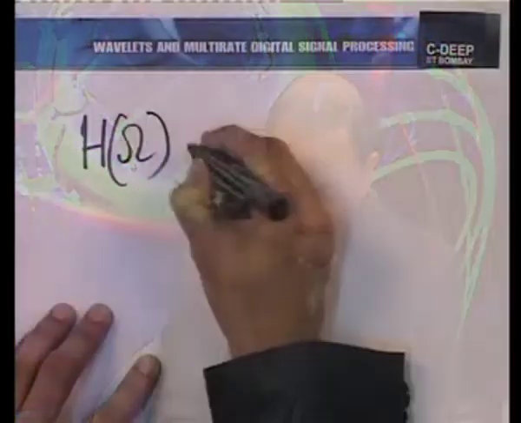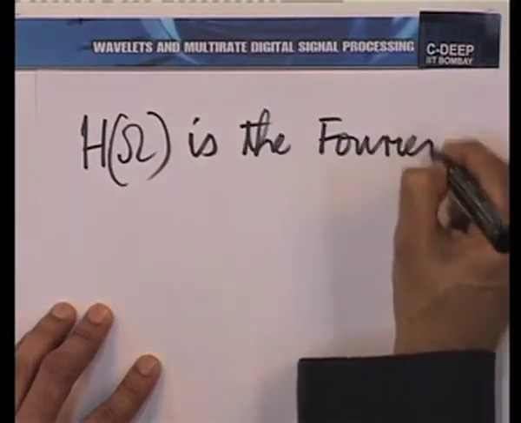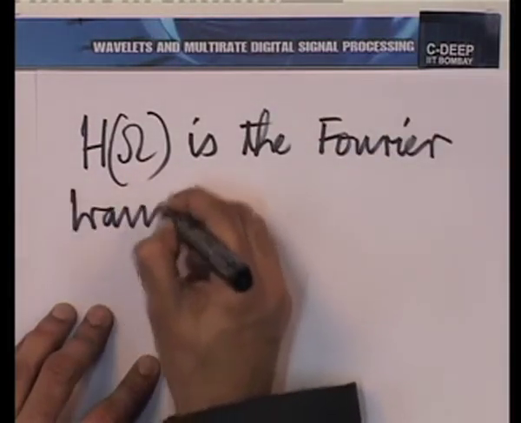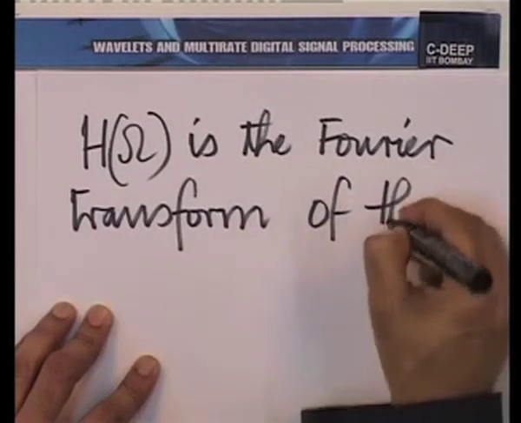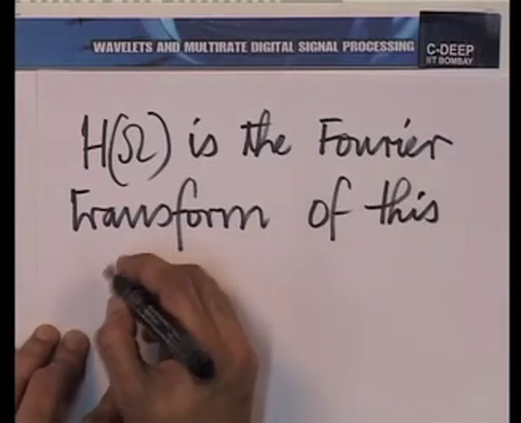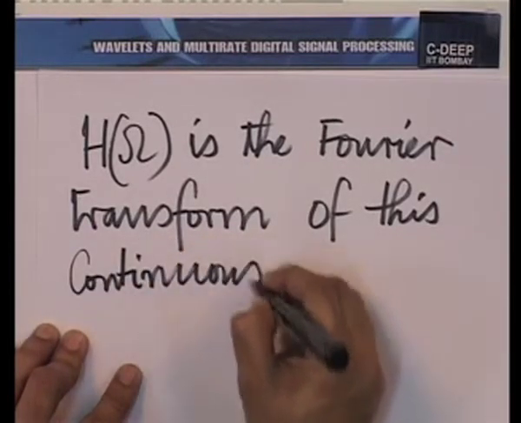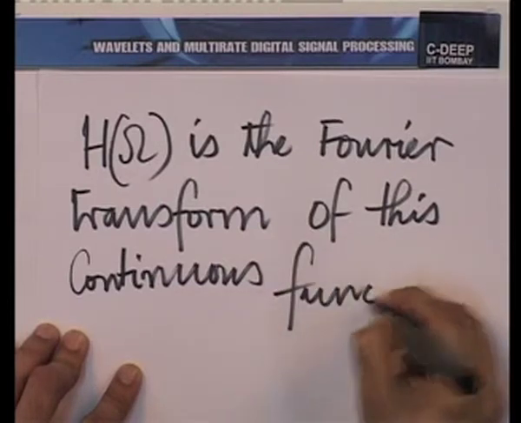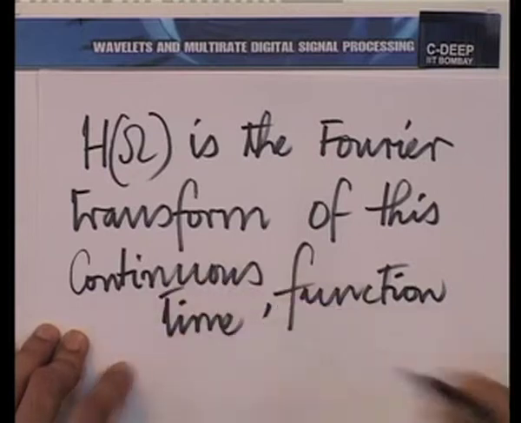So, capital H of capital omega is the Fourier transform of this analog function or continuous variable function. Maybe I should say continuous time function to be precise.